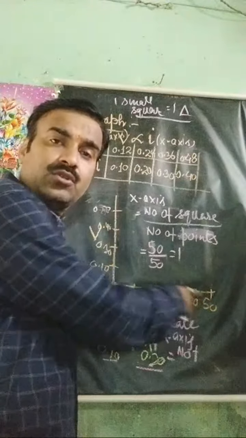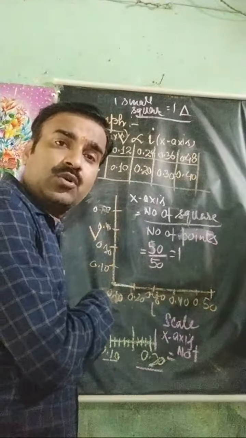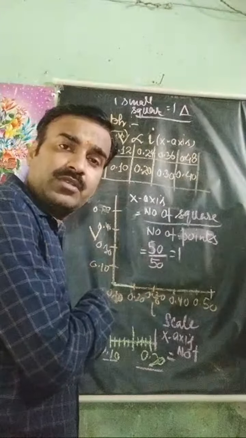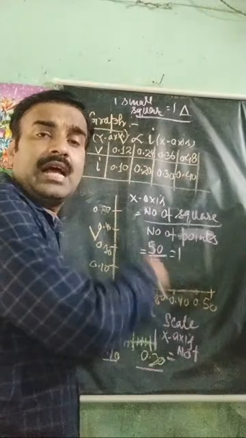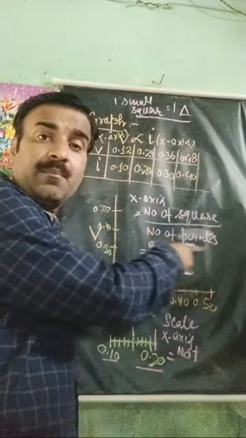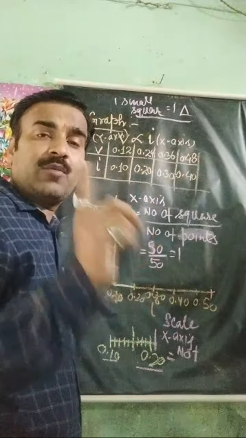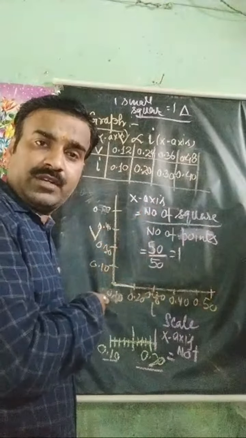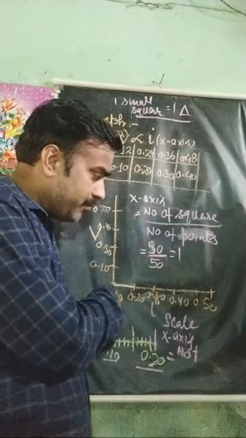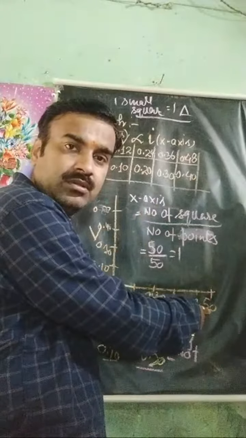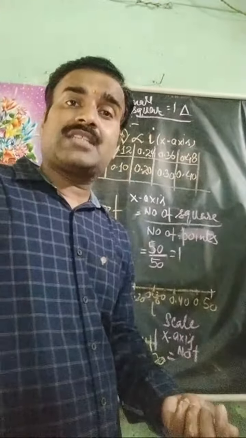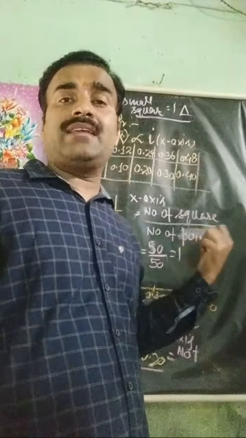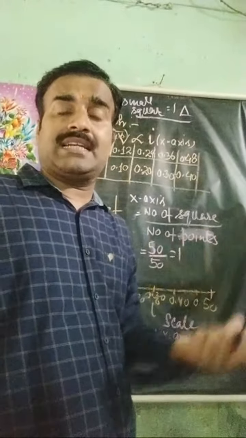Count the total number of squares from 0.10 to 0.50 upon the number of points. You have taken 50 points, and the number of squares available on the x axis is also 50.